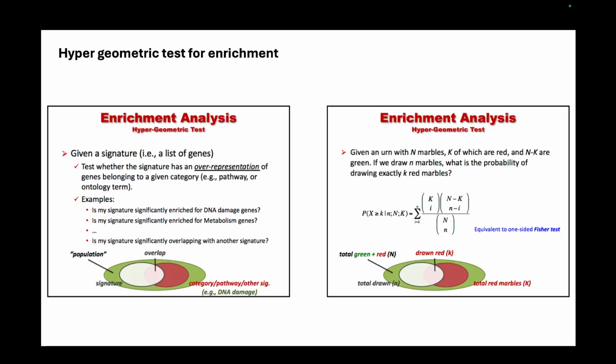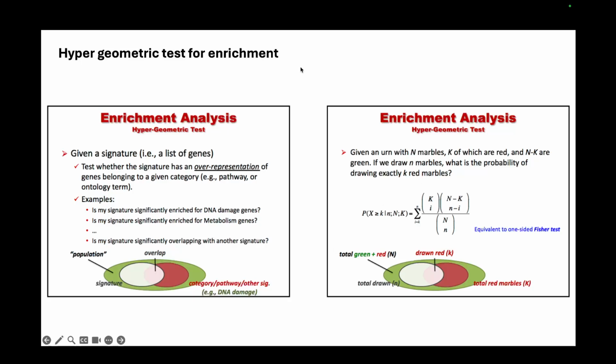For capital N marbles, you have capital K red marbles, you want to draw n marbles, and you want to find the probability that, out of those n marbles, you draw exactly small k red marbles, right?